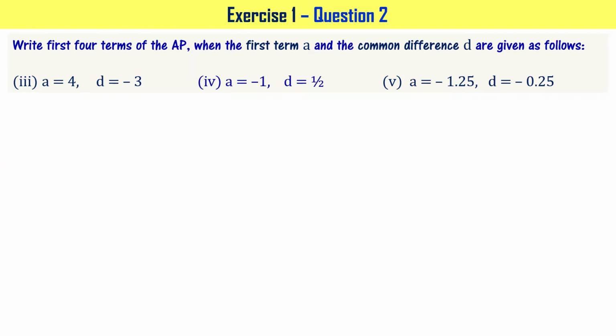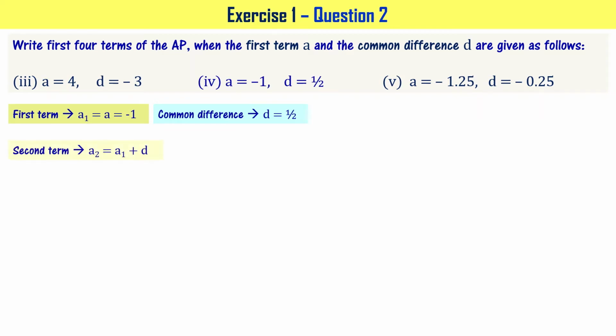That is A equal to minus 1. That is the first term, and the common difference is half. Right? Now the second term A2 equal to A1 plus D. Right? Let's substitute A1 equal to minus 1 and D equal to half. When you substitute, what you get is minus half as A2. Right?